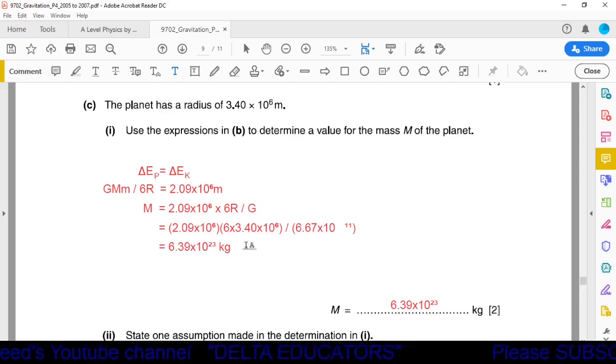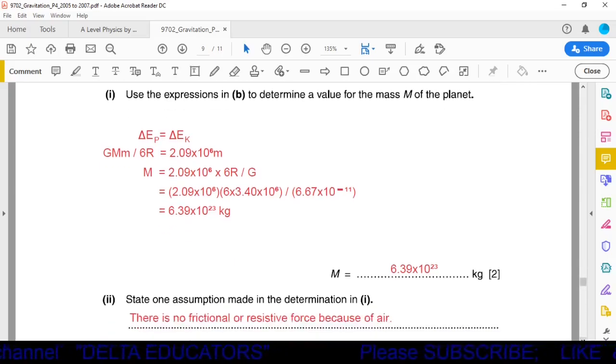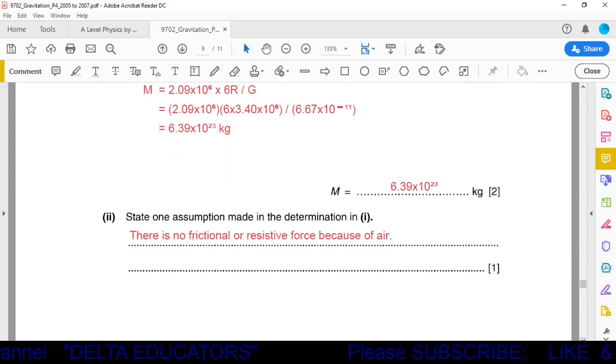So we write 6 × 3.4 × 10^6 divided by capital G, the universal gravitational constant, whose value is 6.67 × 10^-11. By solving this, we get the answer 6.39 × 10^23 kg. So the mass of the planet is 6.39 × 10^23 kg.